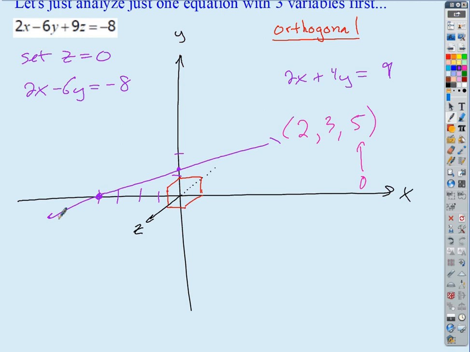So would anybody want to propose what this thing actually is then? Okay, so hold on. The intersection of this three-dimensional thing is that purple line. What in the world could intersect the xy plane and have the intersection look like a line?